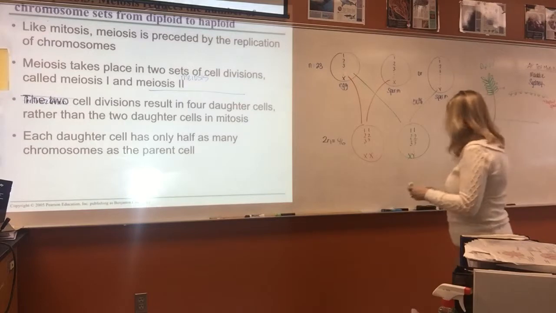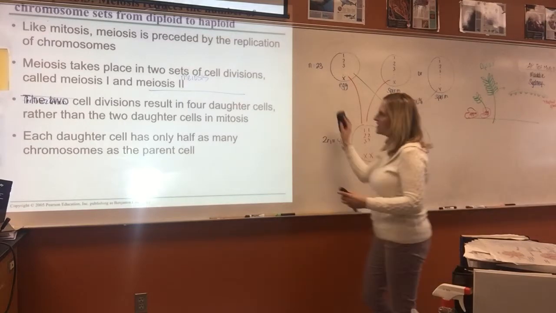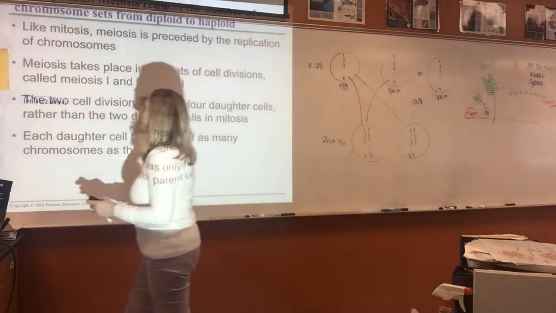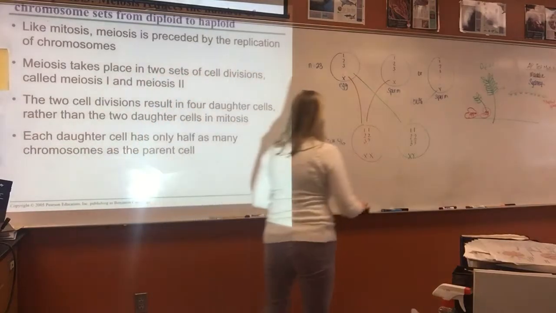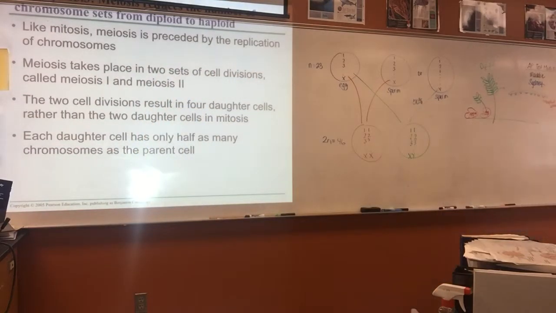What we're going to look at next is the actual process of meiosis, and look a little more in depth at what occurs to get your 4 haploid cells at the end. Like mitosis, meiosis is preceded by the replication of chromosomes, so you have to replicate the DNA.